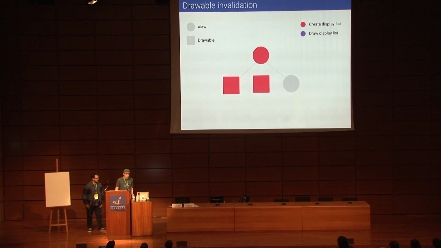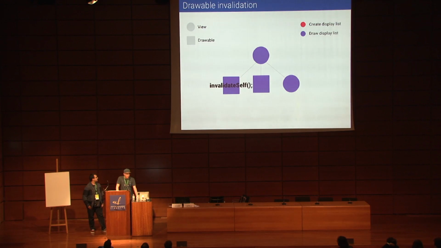Draw gets called on both the drawables. They are essentially part of the view as far as the system sees drawing operations. There are no drawables. They're just part of the drawing operations on the view. So they get executed together. Now we continue and we create the display list of the child. And then we execute the display lists. Again, the drawables were part of their host's display list.